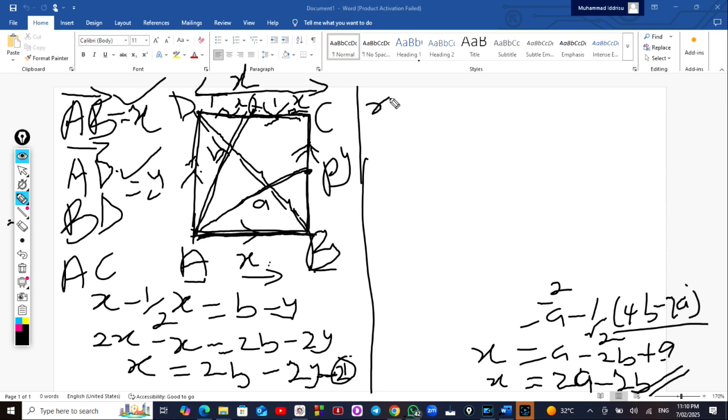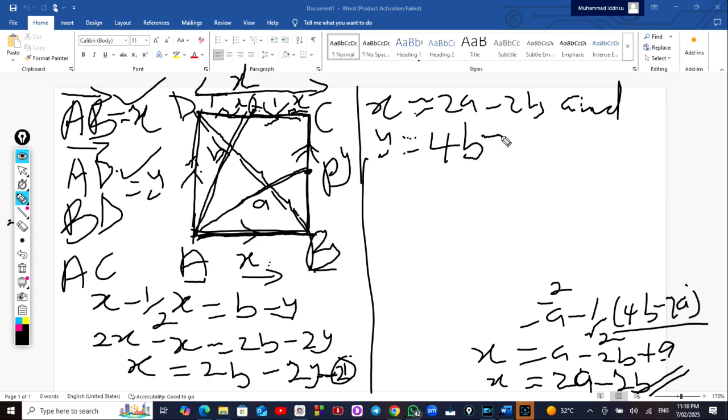My x is 2A minus 2B, and y is equal to 4B minus 2A.